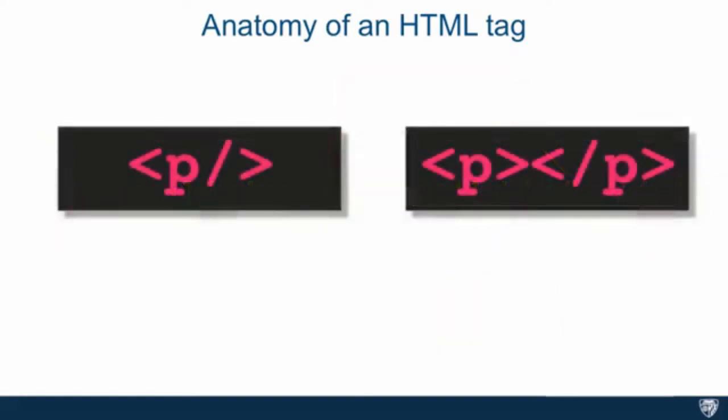Now, if you've dealt with previous versions of HTML, especially XHTML, you might be familiar with the idea of a self-closing tag. A self-closing tag is basically an XML type of shorthand notation for a tag that happens to not contain any content.